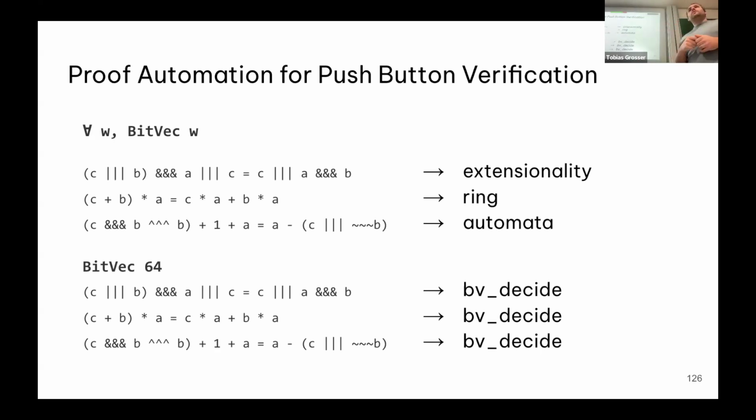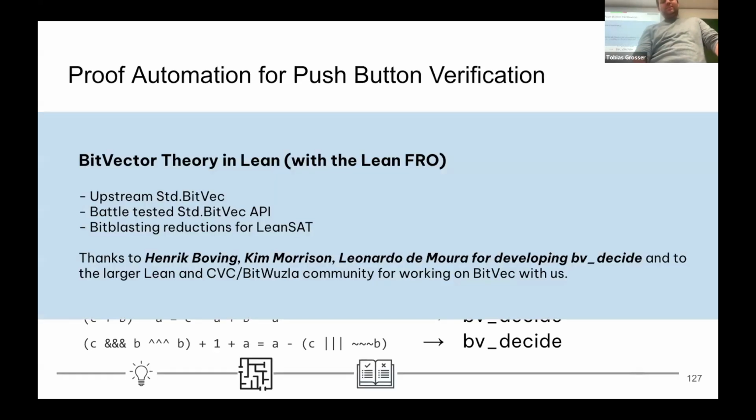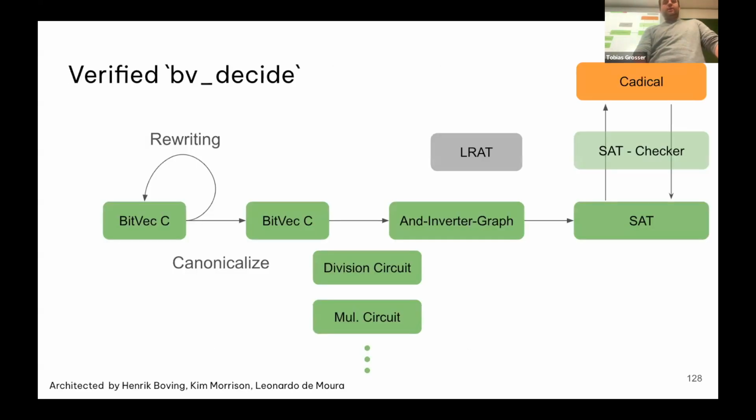And because the domain of reasoning is finite, it's guaranteed to give you a solution, assuming no bugs and infinite memory, but in time. And this is really cool. We helped with developing the BitVector theory and contributed some of the bit blasting reductions. The actual BV decide work was done by the Lean FRO, in particular Henrik, who was leading that development.